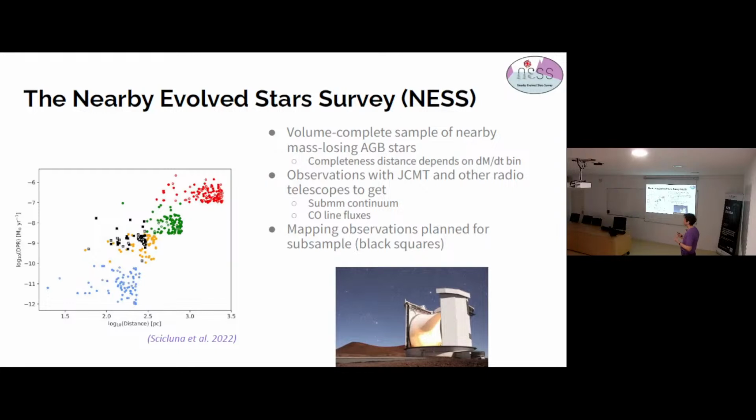And we ended up with a sample of 852 nearby evolved stars, which we then observed with the James Clerk Maxwell Telescope with SCUBA-2, and also the heterodyne instruments, to get submillimeter continuum and CO line fluxes. And the submillimeter continuum will be used to study the dust emission.